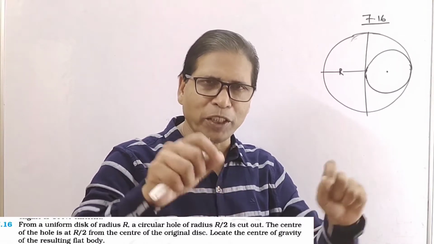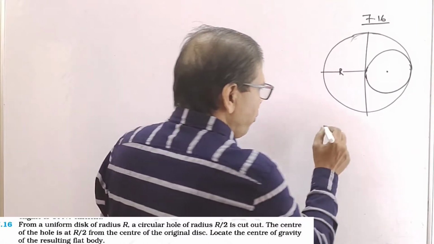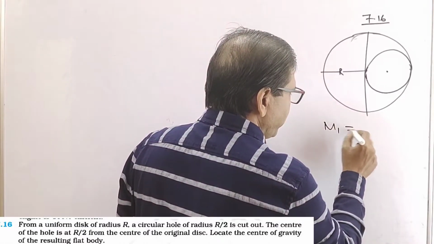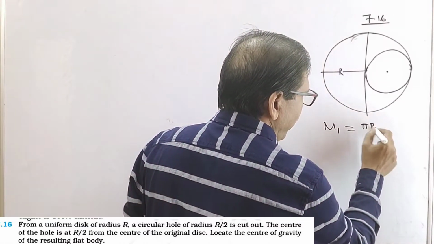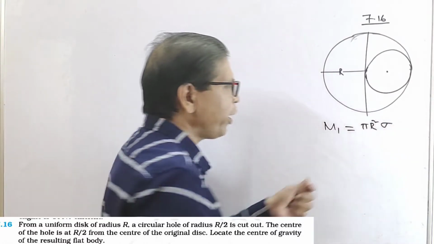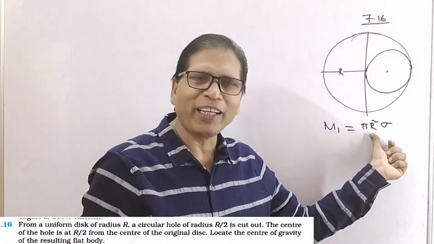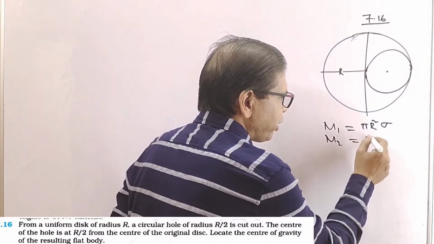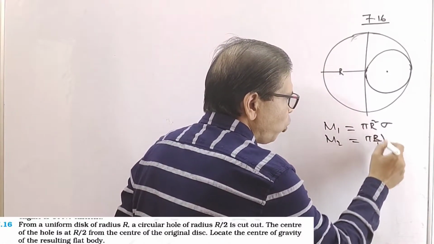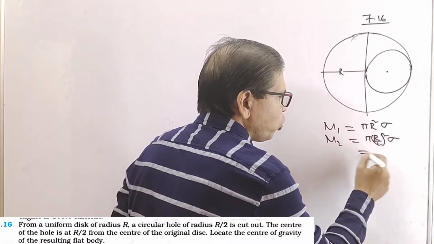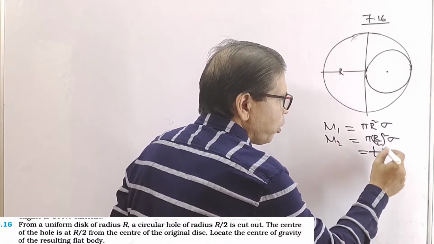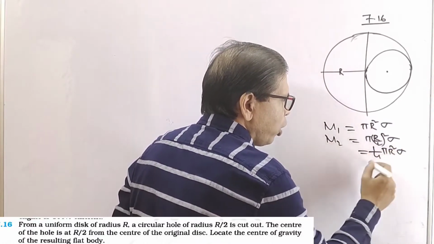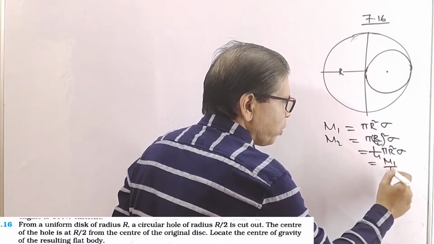Mass of the whole portion m1 is equal to pi R square into sigma, where sigma is the mass per unit area. Now m2 is pi (R by 2) whole square into sigma, which is 1 by 4 pi R square sigma. So this is m1 by 4.